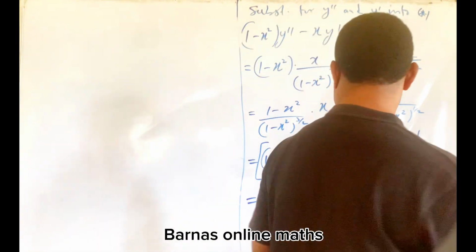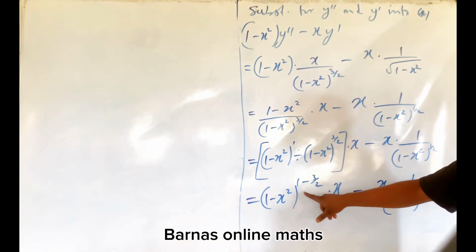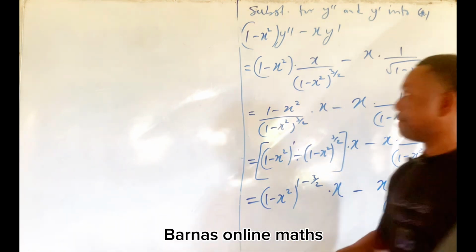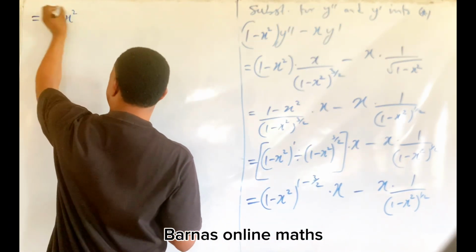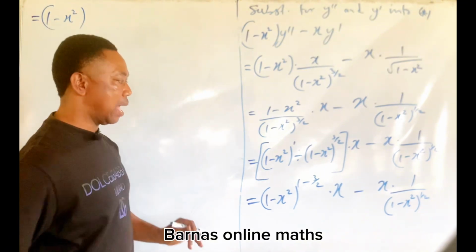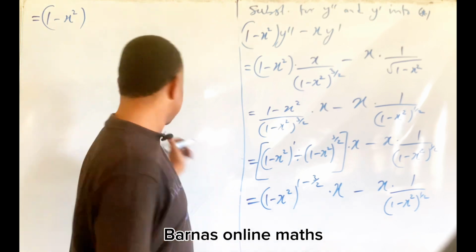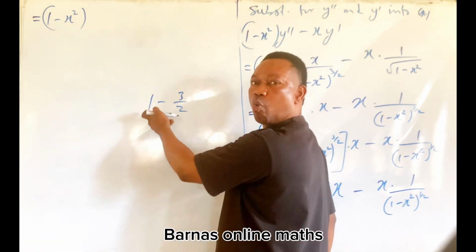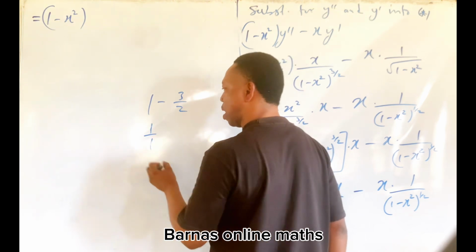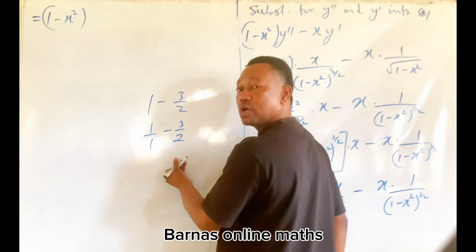Okay, let's simplify further. So we have 1 that becomes the base, which is this, (1 minus x squared) raised to power 1 minus 3 over 2. Let's solve 1 minus 3 over 2. 1 is the same thing as 1 over 1, which is still 1, minus 3 over 2.